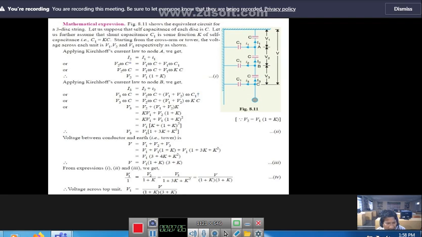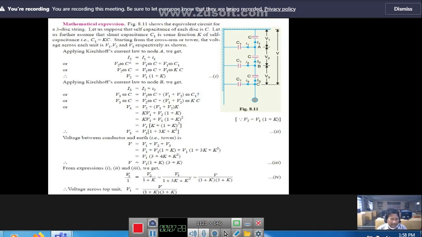From node A, small i1 and capital I1 are leaving, but capital I2 is incoming. Therefore I2 is equal to capital I1 plus small i1.